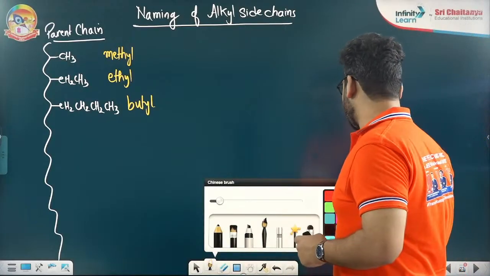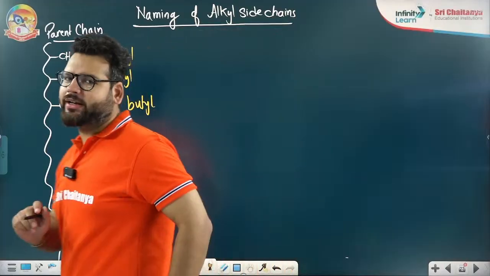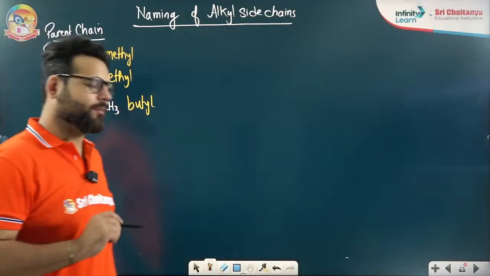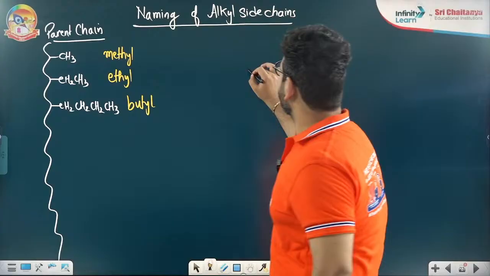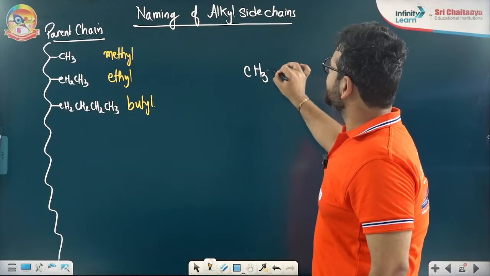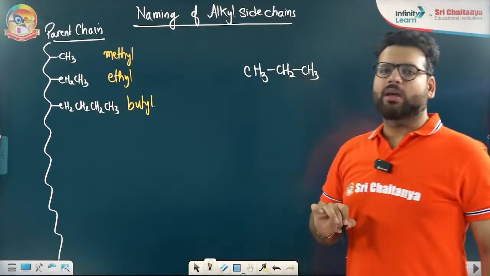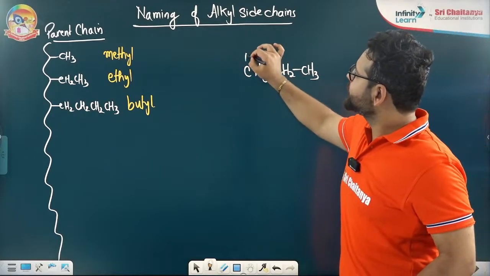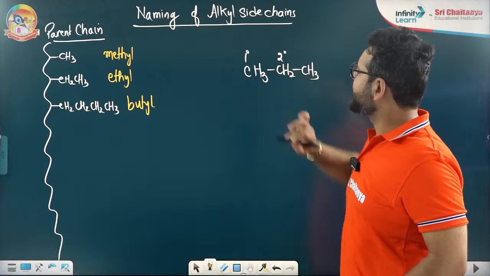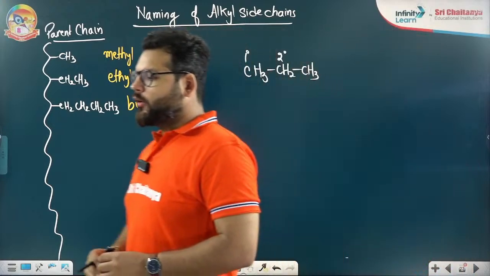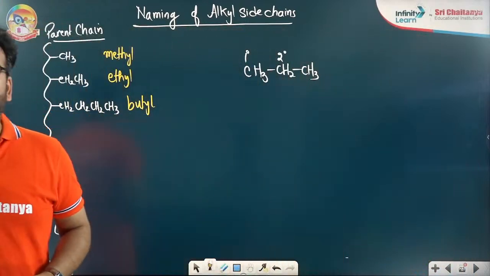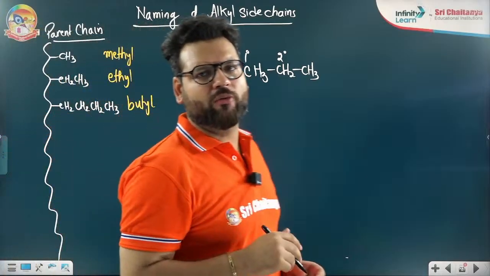Now comes the complex side chains. When you look at propane, CH3CH2CH3, it has 2 types of carbon, primary carbon and secondary carbon. So whenever we want to make propane an alkyl, there are 2 ways to remove hydrogen.